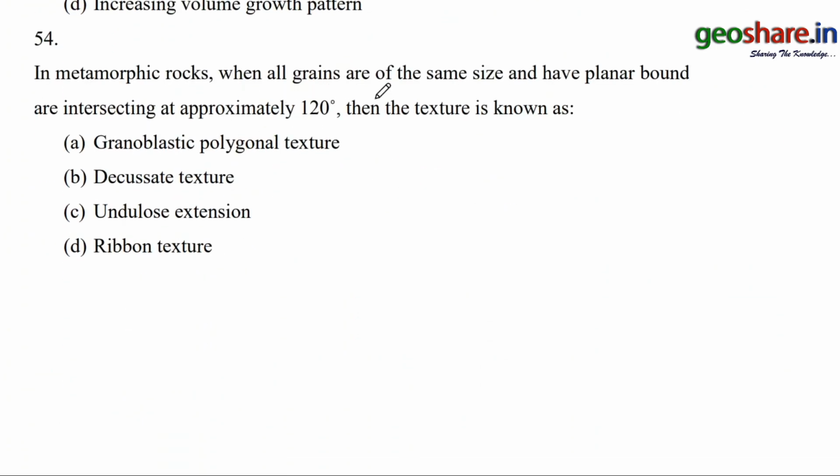In metamorphic rock, when all the grains are of same size and have planar boundaries which intersect at approximately 120 degrees, then the texture is known as granoblastic polygonal texture.